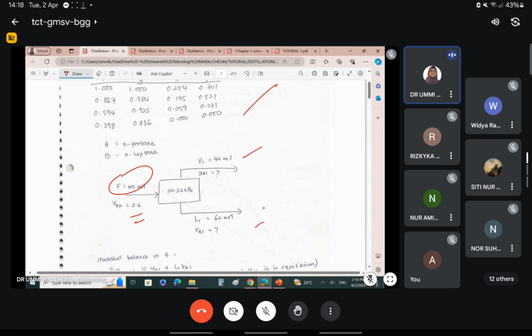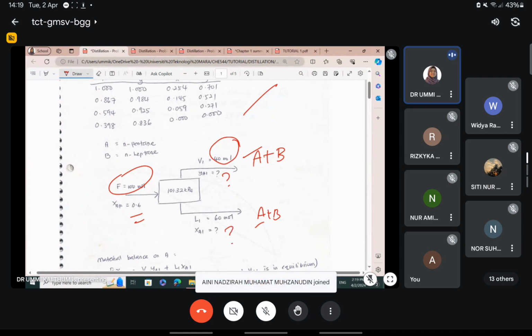The vapor must come out at the top, the liquid must come out at the bottom. Understood? What comes out is 40 mole, A plus B. The bottom is also A plus B. So what is the mole fraction of component A in the vapor phase and the mole fraction of A in the liquid phase?